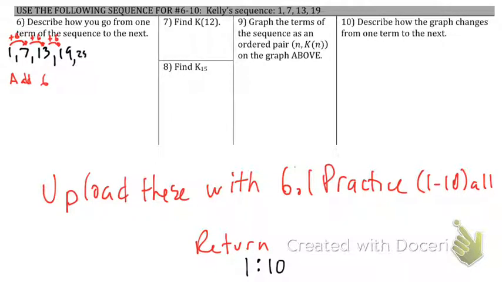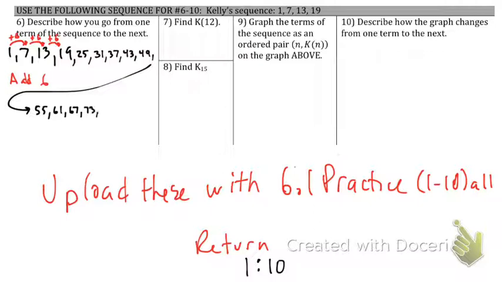That's 25. 31, we're just adding 6, 37, 43, 49, let's continue it down here, 55, 61, 67, 73.